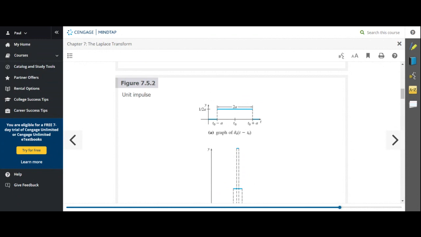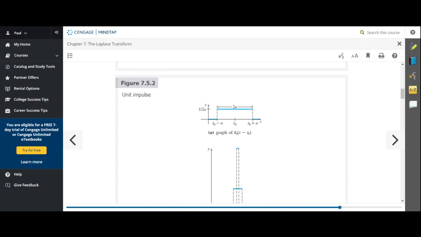If we think about the area under that function, what's the area going to equal? The height is 1 over 2a, and the 2a is the width. That's right, Antonio. Very good. It's 1, because 1 over 2a times 2a equals 1.